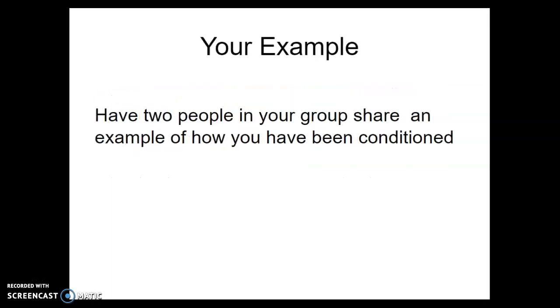Okay, so here is where you guys get to come up with your own example. I know on here it says through a group share, but because we're not having class today, you don't get group share. So I want you to write one down individually about an example of how maybe you've been conditioned.